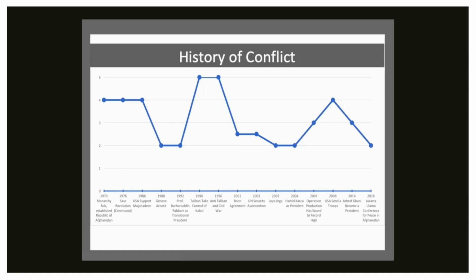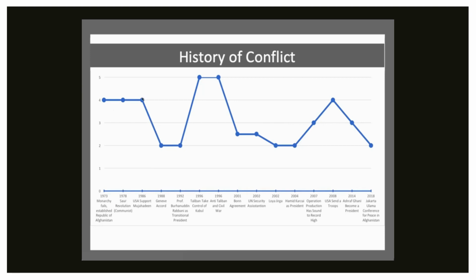But the conflict in that situation had limited violence, with 100 people dying in the South Revolution, when the communists came, with the invasion from the Soviet Union. This invasion by the Soviet Union was in 1978.